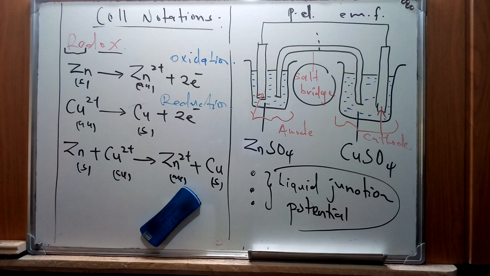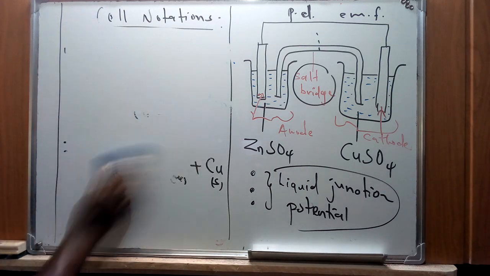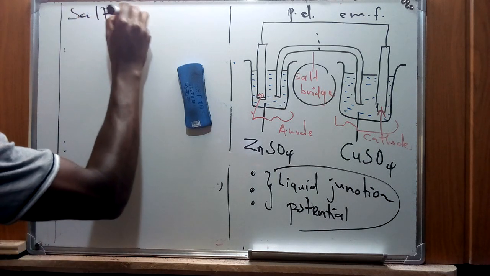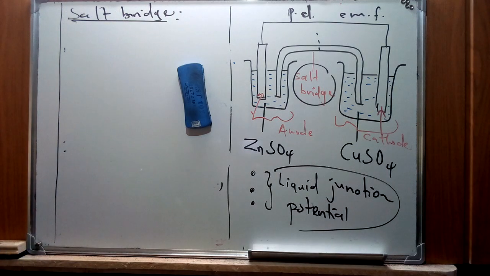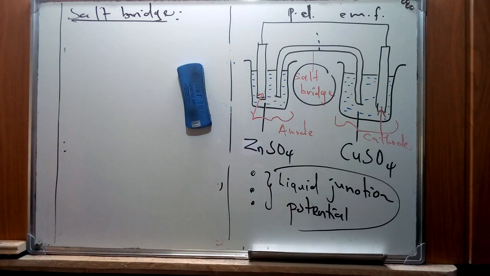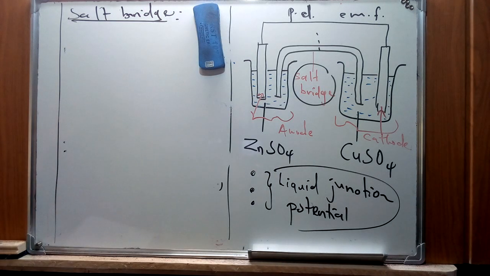Now, basically a salt bridge is of course part of the electrochemical cell that consists of saturated potassium and ammonium nitrate. So basically, as I've said, the salt bridge is a junction that counters the effect of the electromotive force developed due to the liquid junction potential, in order for us to attain the accurate figure for the potential difference between these two cells.